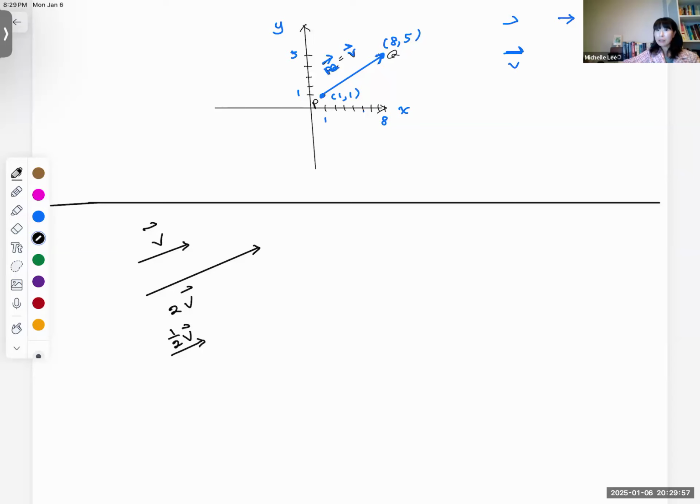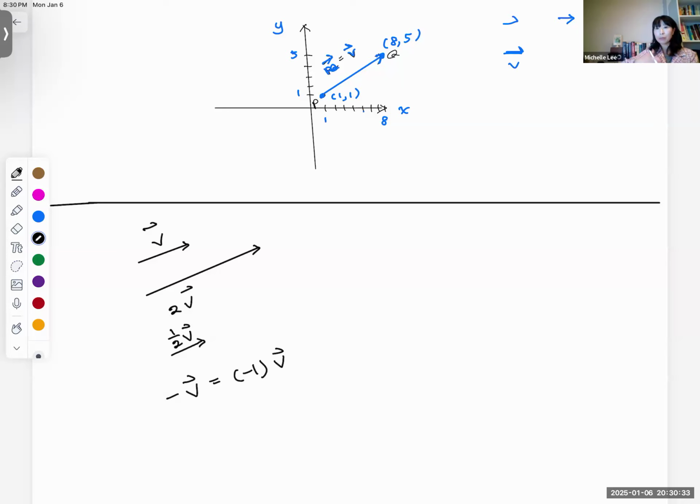Okay, how about the negative, right? So negative vector v, we can express this as -1 times vector v, right? Then we use the negative. It's the same length because a vector is a quantity that has magnitude with a direction, right?